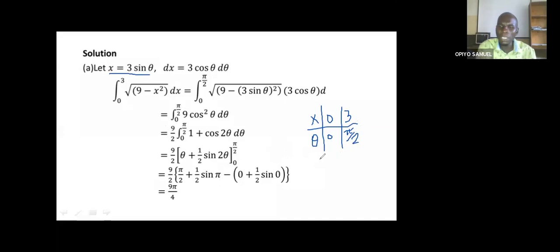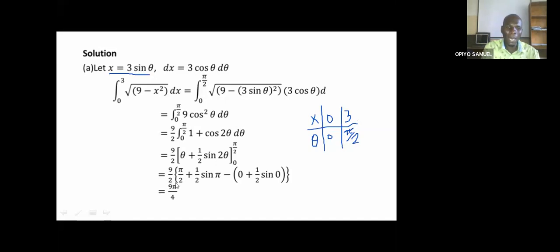Now, this brings me to the point that when you are doing integration and differentiation, you must make sure that the unit of your angle is in radians. That's why you can see my angles here are all expressed in radians, 0 and then pi over 2.